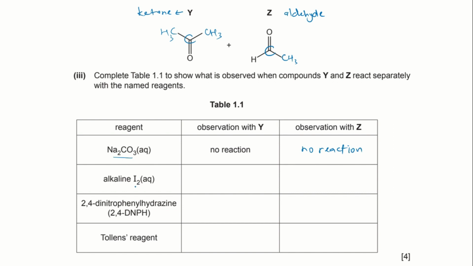Now let's look at the second reagent, alkaline iodine. Alkaline iodine can test the presence of CH3CO in the structure of carbonyl compounds. So let's look at why. Okay, there's a CH3CO part here, so Y will give a positive result with alkaline iodine to form a yellow precipitate.